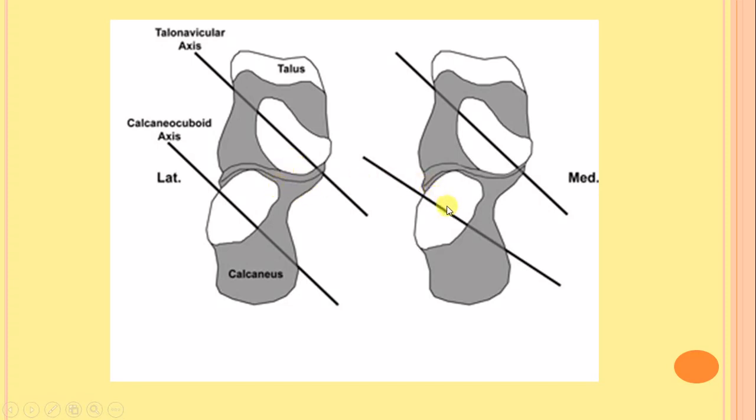But when the movement occurs, that is inversion, the two axes don't remain parallel, but they become angulated and at some point they cross each other.